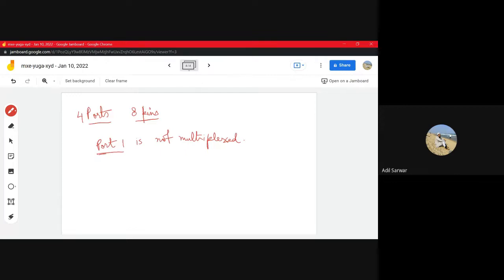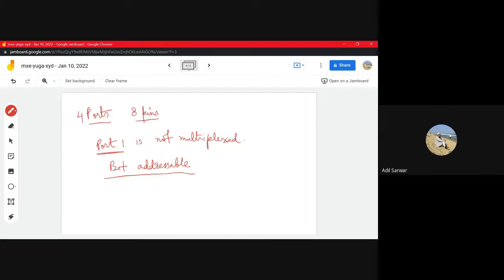Now, one important thing about these ports is that they all are bit addressable. What is meant by bit addressing? Let me explain it. We can access each of the pins of the 4 ports.